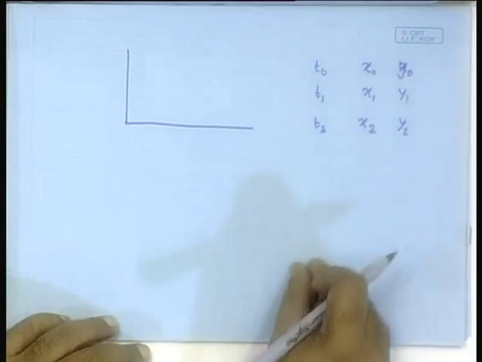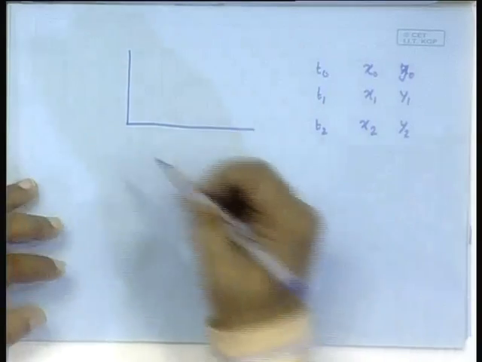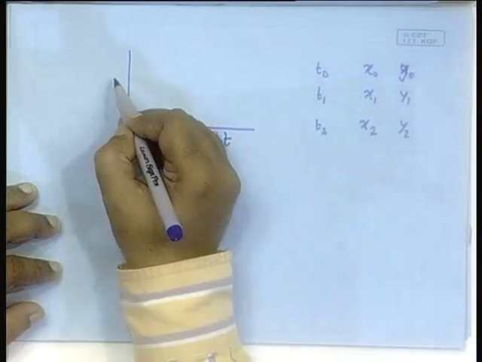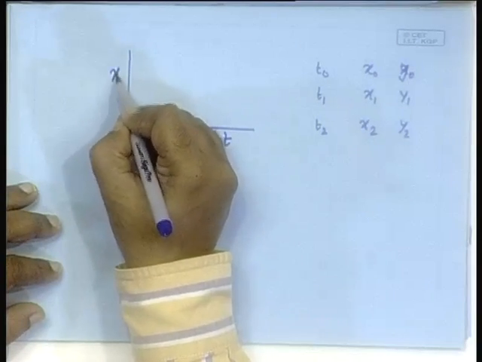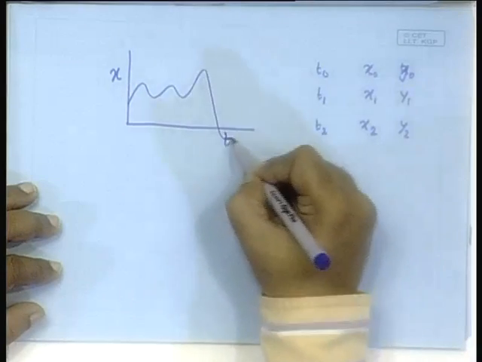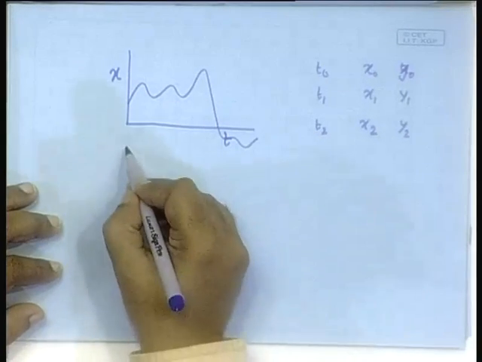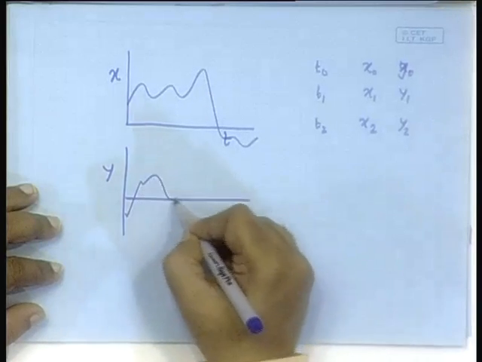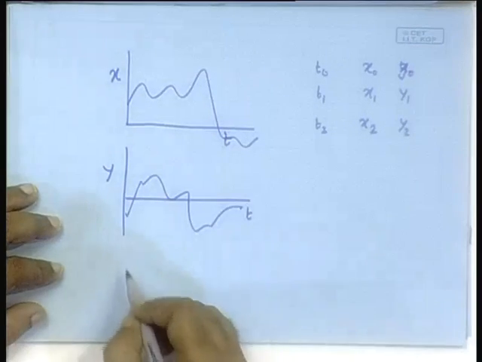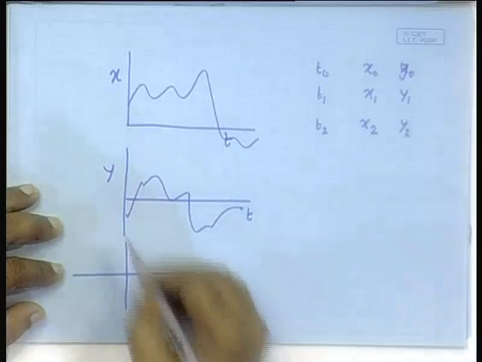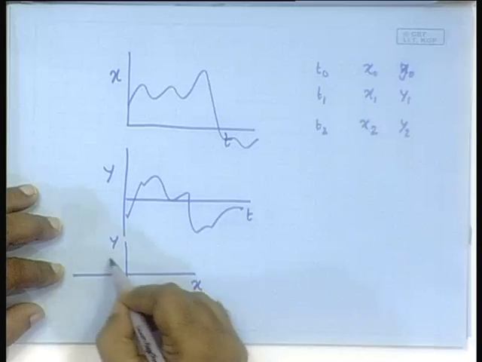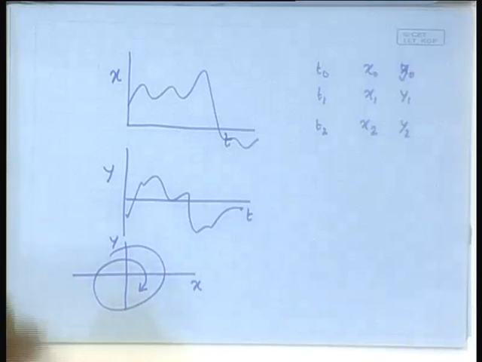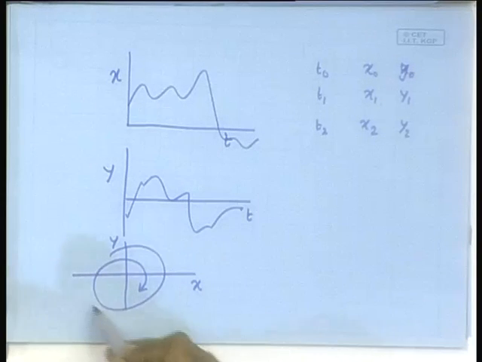So, as the time progresses, how does x change, how does y change, and then you would be able to plot it like t versus x, some kind of a waveform, y versus t, again some kind of a waveform. Not only that, also x versus y, some kind of a, not a waveform, but its movement in the state space.